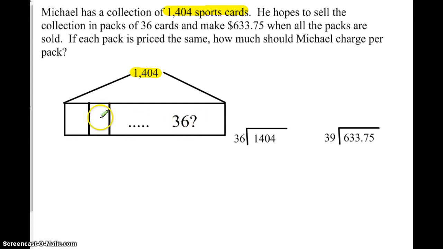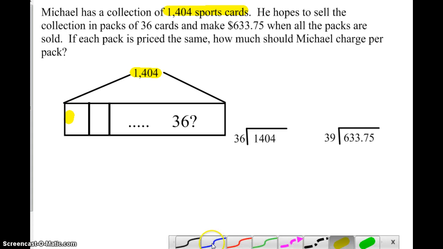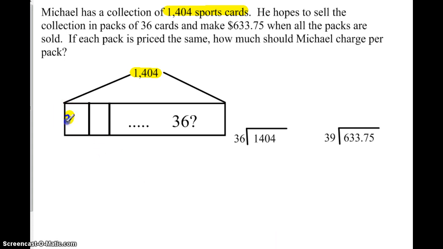In each of these little sections would be 36. This is 36, this is 36, and you keep going, and there's 36 in each section, but we don't know how many sections there are.